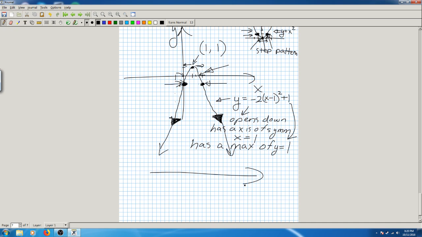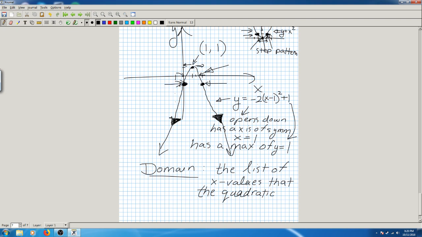So in the horizontal, I'm covering all values of x in any parabola. Okay, so the domain is what we call the list of x values that the quadratic accepts.